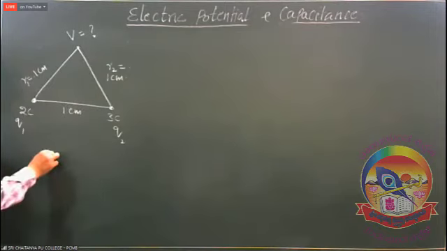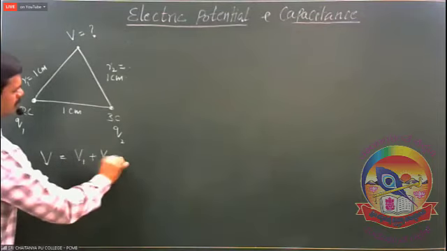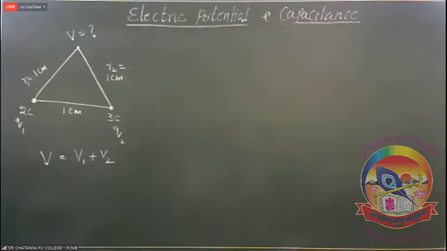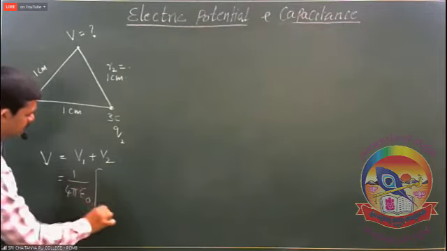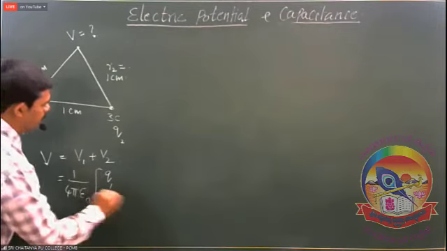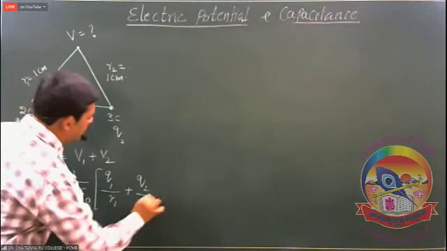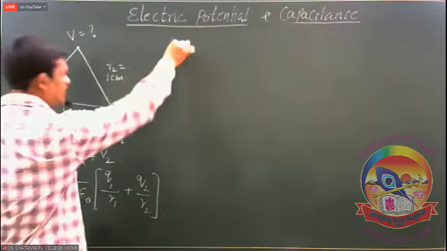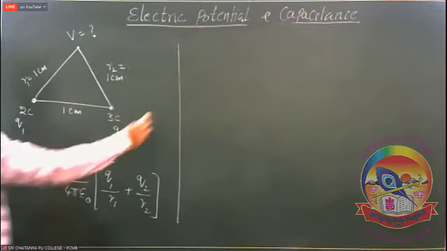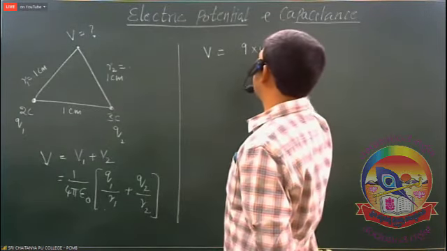What is the formula for net potential? Net potential V is simply V1 plus V2. What is common? 1 by 4 pi epsilon naught, times Q1 by R1 plus Q2 by R2. Then what is the final answer? 1 by 4 pi epsilon naught is 9 into 10 power 9.